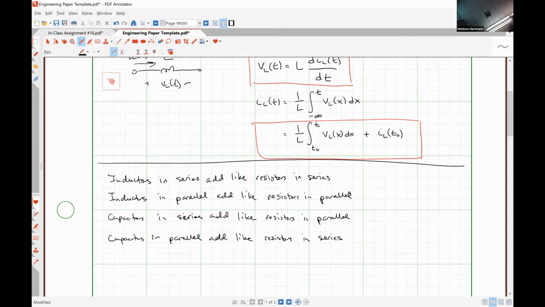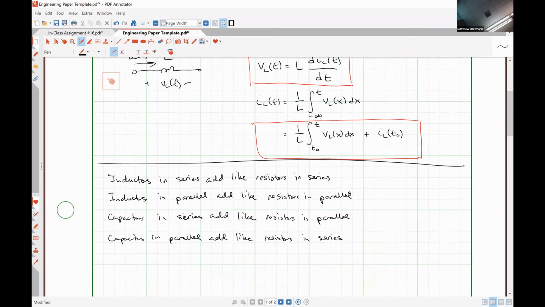So what I was alluding to, and we can't use it yet because we're not in the steady state sinusoidal circuits, is the concept of impedance. And what impedances are is the frequency domain equivalent of a resistance. And so we'll find that capacitors, resistors, and inductors all exhibit an impedance.